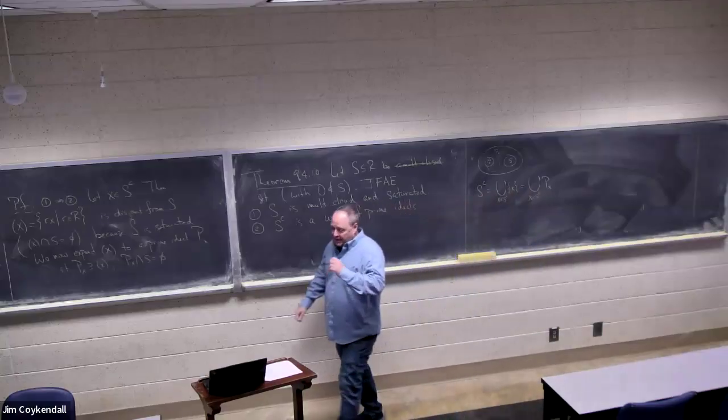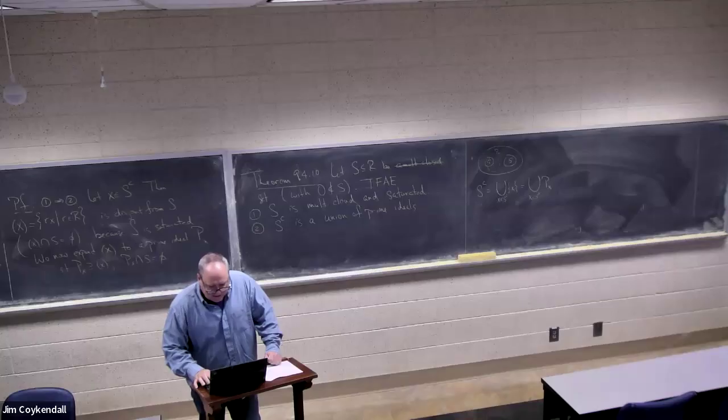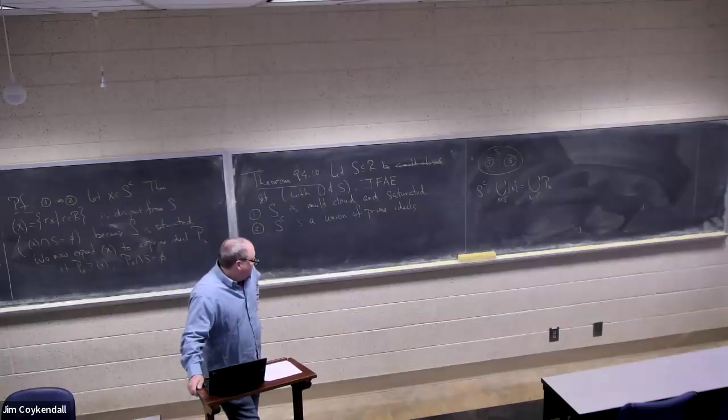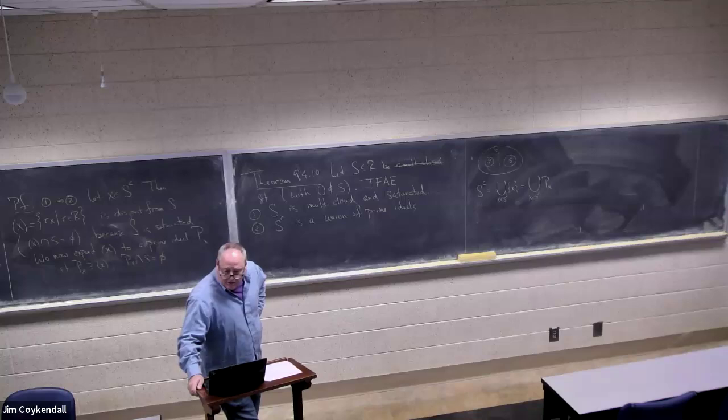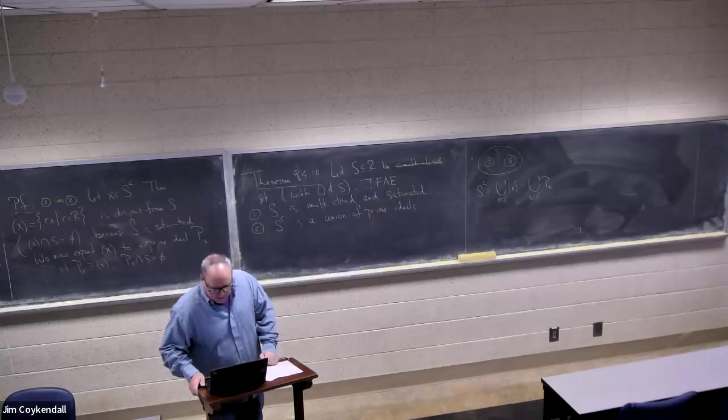So there's Zorn's lemma there. It was covered earlier, but there's some subtlety there. Anyway, that's a wonderful theorem: any saturated multiplicatively closed set can be realized as the complement of the union of prime ideals. Okay, any questions?